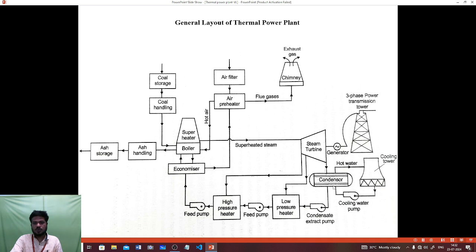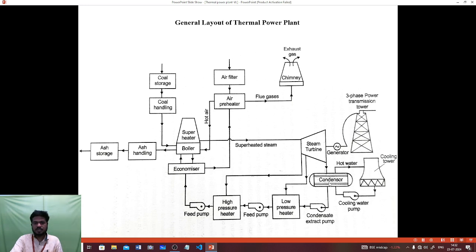The condenser is for a cooling purpose. In this cooling process, the hot water is ejected to the cooling tower, and then it is cooled by the cooling tower, and then sent to the cooling water pump, and then also sent to the condenser, which condenses the steam from the steam turbine.